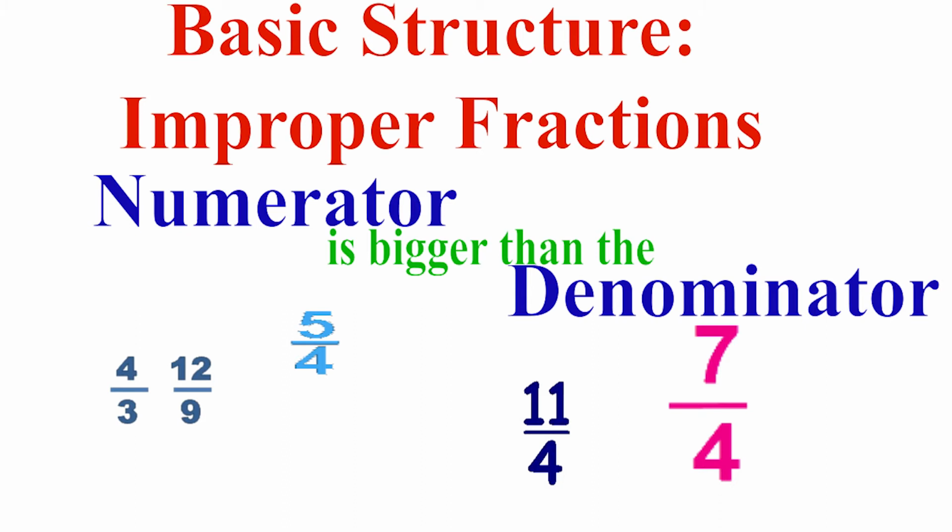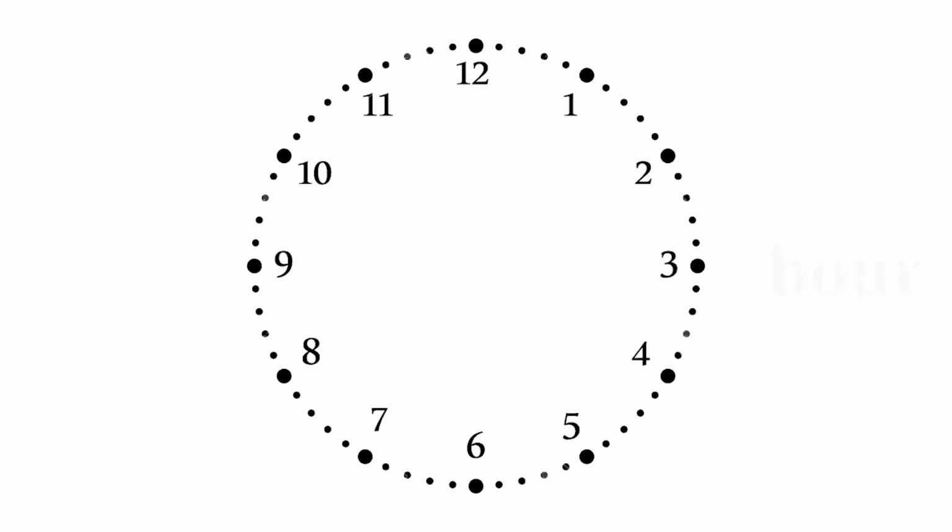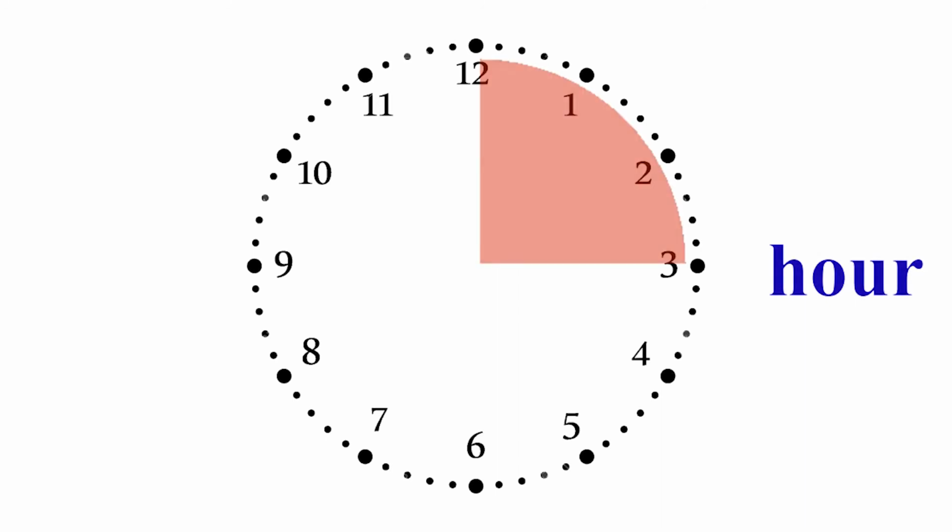Now, before we talk about what rules you need to know, I want to discuss a very, very important factor. And how we can do this is using the example of a clock. Now, in a clock, when you use the term quarter of an hour, what does that mean? Well, we have this picture here. We see that a quarter of the segments is taken up, one, and that is the equivalent of the fraction 1/4.